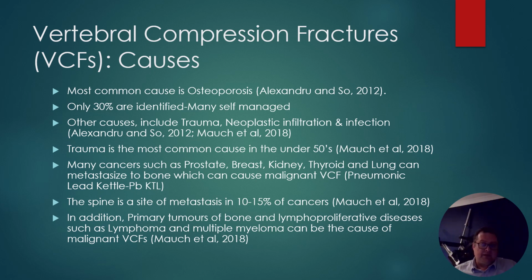In particular, if patients have had or have malignancies such as prostate, breast, kidney, thyroid, lung, I use the mnemonic 'lead kettle': PB for lead, K, T and L, to help me remember. If a patient has these or has had them, it doesn't automatically mean it's going to be that, but we do need to be aware.